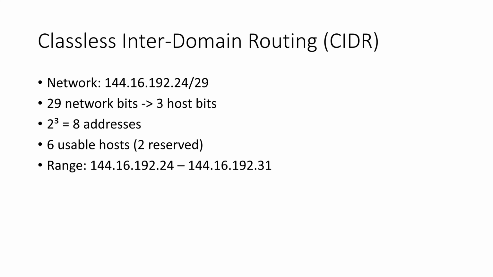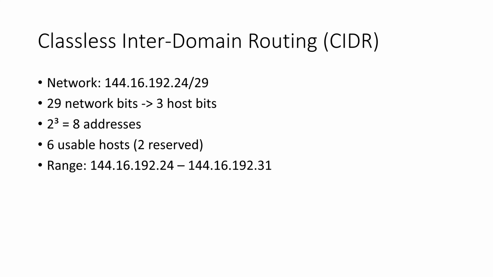So let's finish with a quick example. Take 144.16.192.24/29. The /29 means 29 bits are for the network, leaving 3 bits for the host address. Now, 2 raised to the power 3 equals 8 addresses in total. Out of those 8, 6 are usable for hosts. 1 is the network address itself, 1 is the broadcast address.